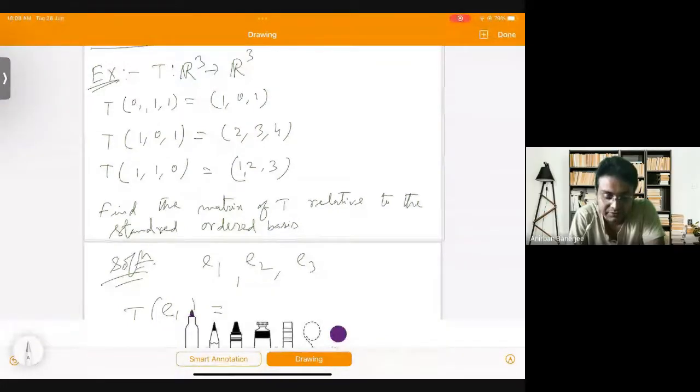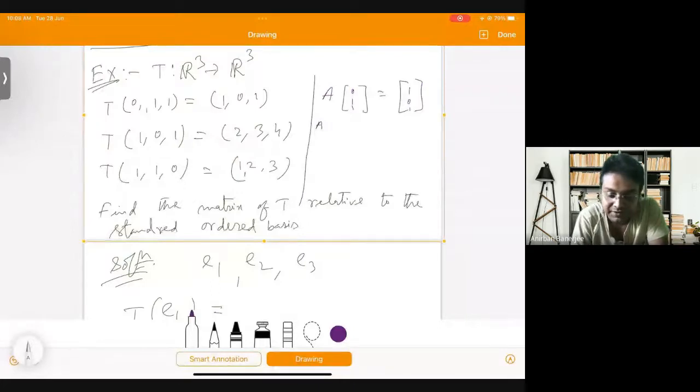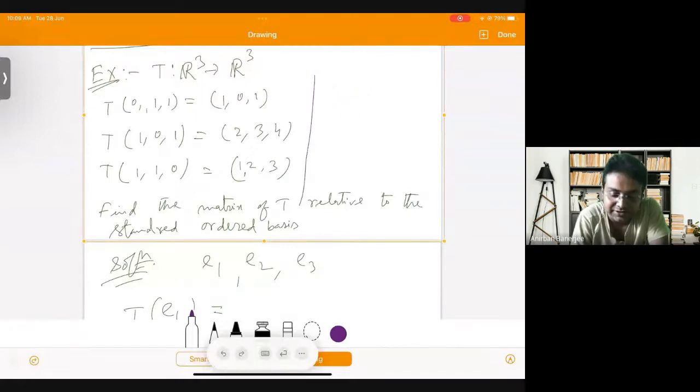Okay, so if I understood correctly, you want to say, is it possible, let's say that I have a matrix A, then 0 1 1, is 1 0 1. This is the first equation, right? Sorry, I'm writing in the different direction. It's better not to write in this direction.